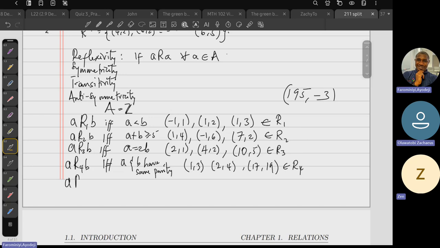Then finally, R5: A is related to B if and only if A plus B is, let me change it to less than or equal to 5. No, that's not the R5 we defined. A is less than or equal to B. Sorry, that is the one we defined.